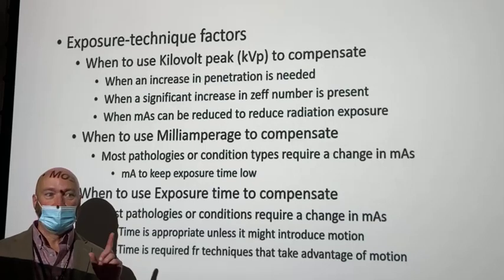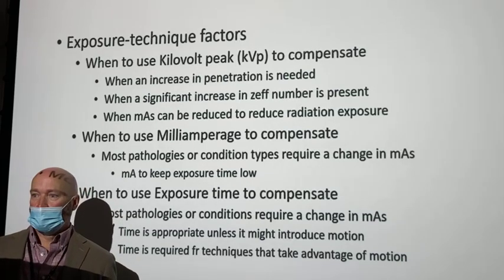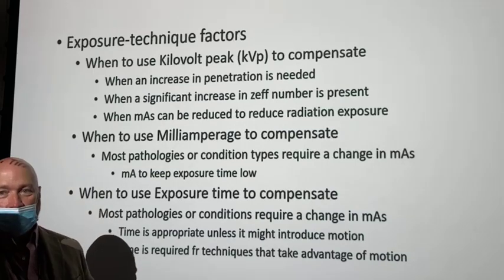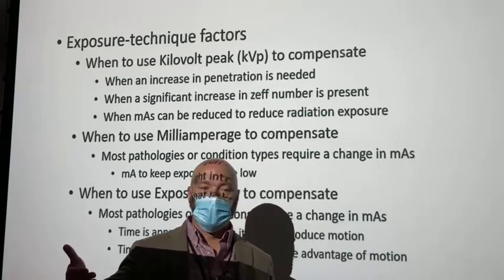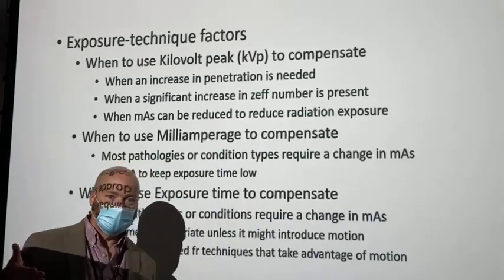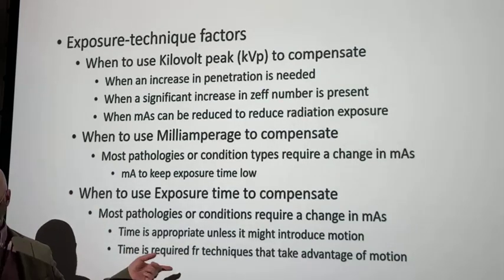Anybody working with a machine that you can select mA and time on your portables? No, I didn't think so. So, the only way that you're going to get a long exposure time then, without driving patient dose through the roof, is to decrease your kVp.